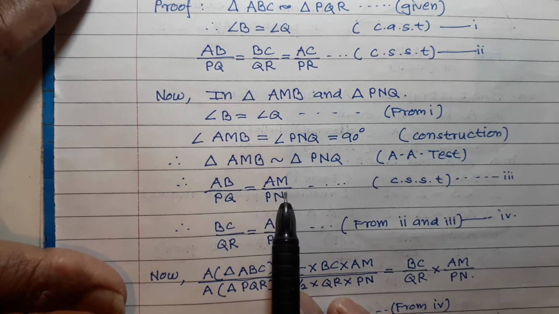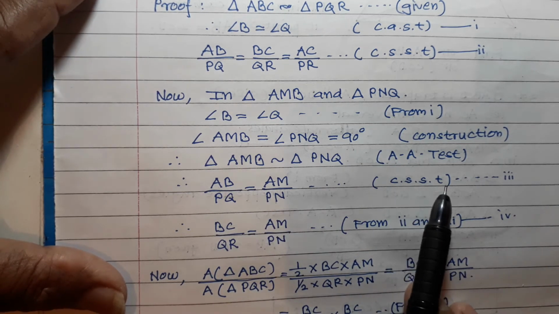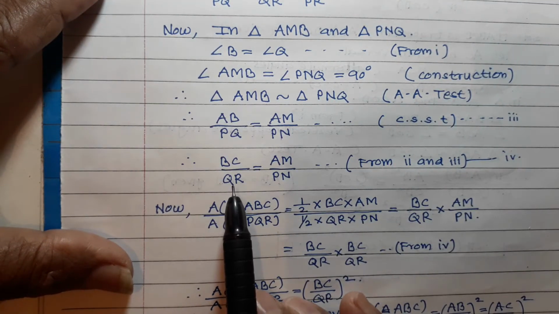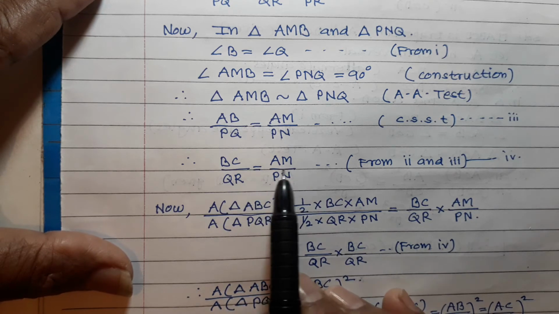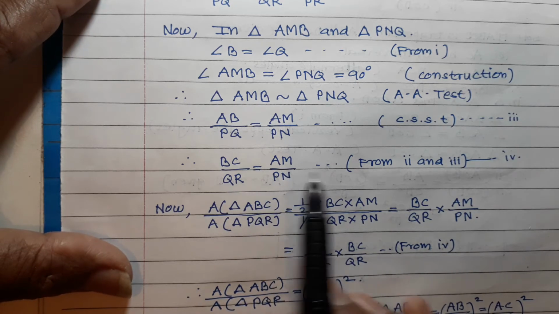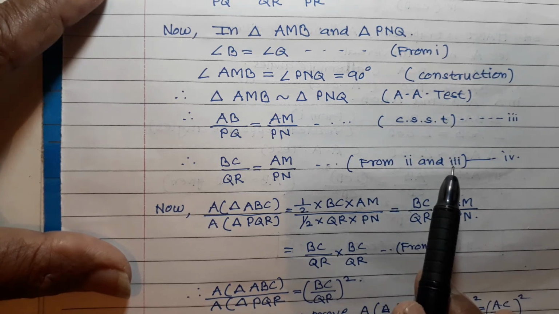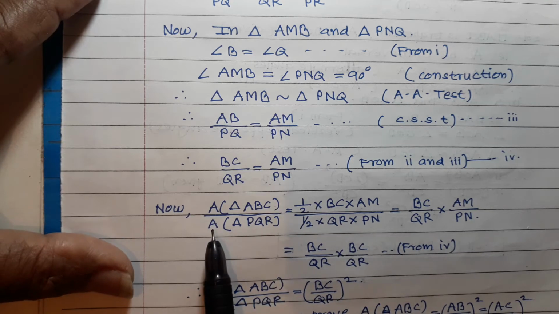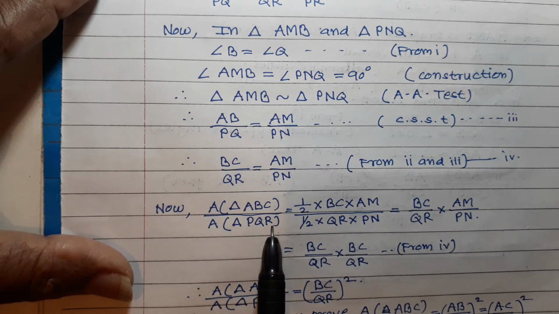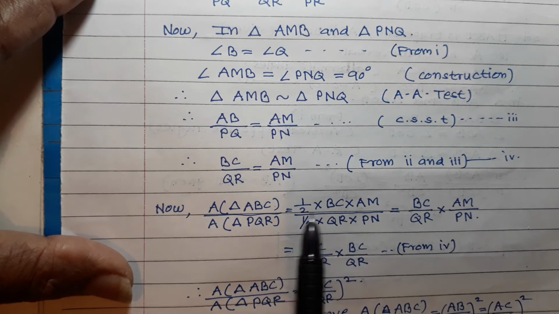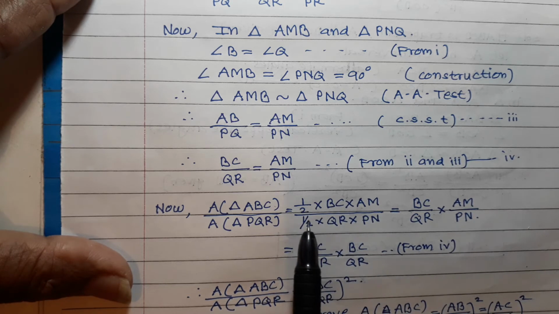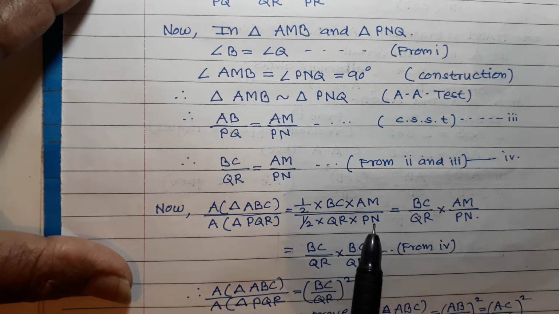And therefore AB upon PQ is equal to AM upon PN, corresponding sides of similar triangles, and therefore BC upon QR is equal to AM upon PN from 2 and 3. And now area of triangle ABC upon area of triangle PQR is equal to 1 upon 2 base into height, that is 1 upon 2 into BC into AM upon 1 upon 2 into QR into PN.